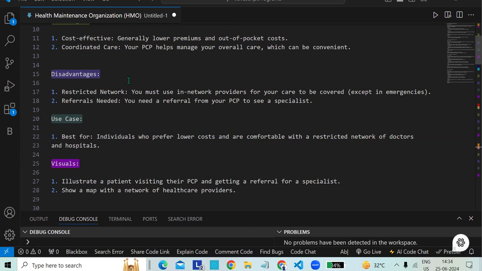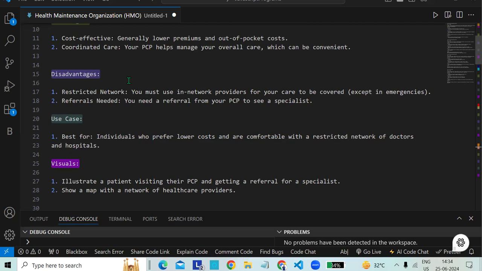The insurance company will provide the list of doctors and hospitals, and you have to go to those hospitals only. You do not have the right to go to hospitals that are not in the list the insurance company provides. So it is a restricted network. You should not go to out-of-network providers.